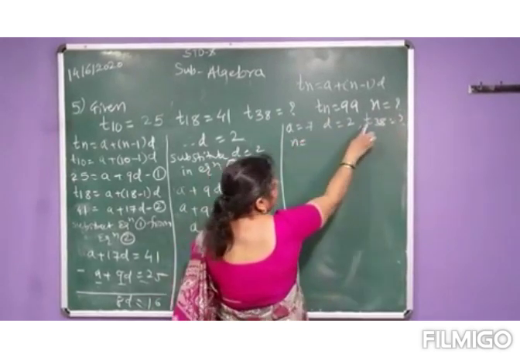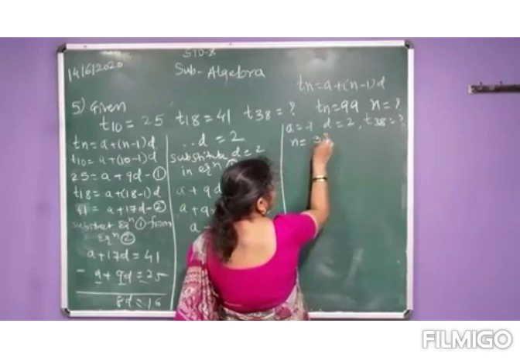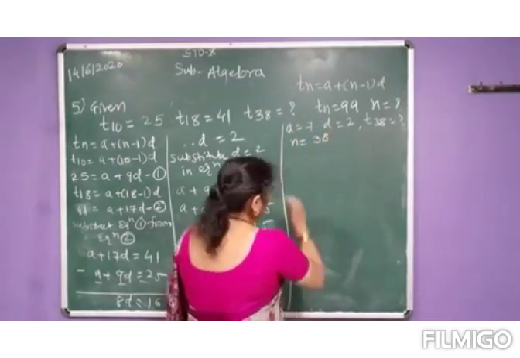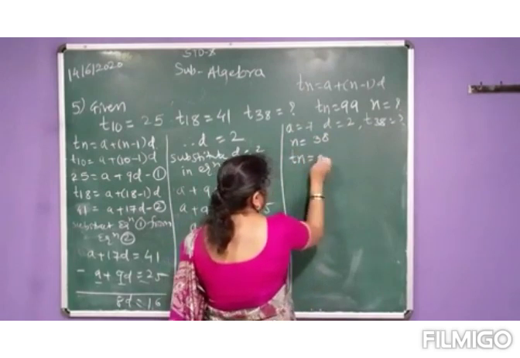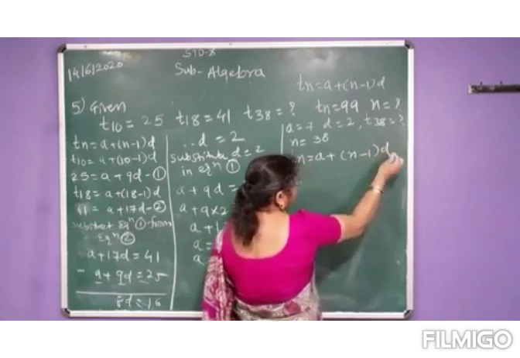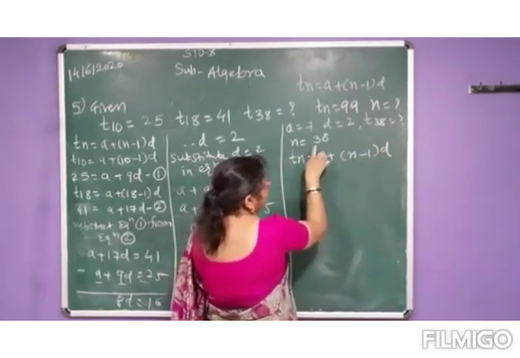Now T38 means n is equal to 38. So we will again write the formula. Tn is equal to a plus n minus 1 into d. Now, n is 38, right?